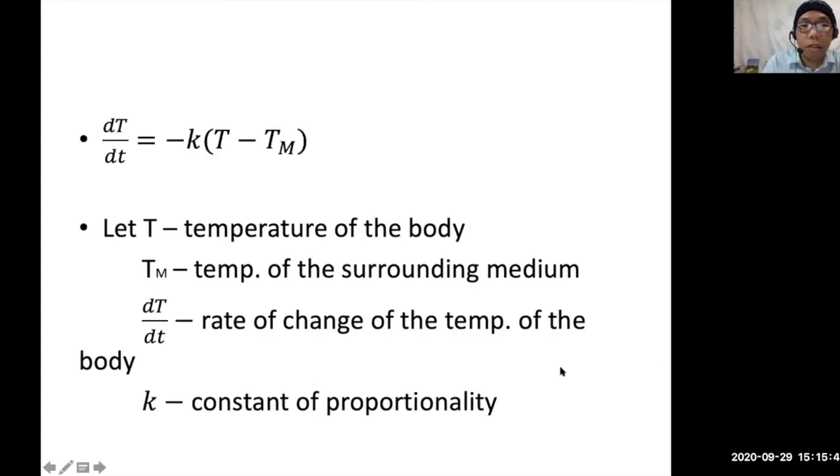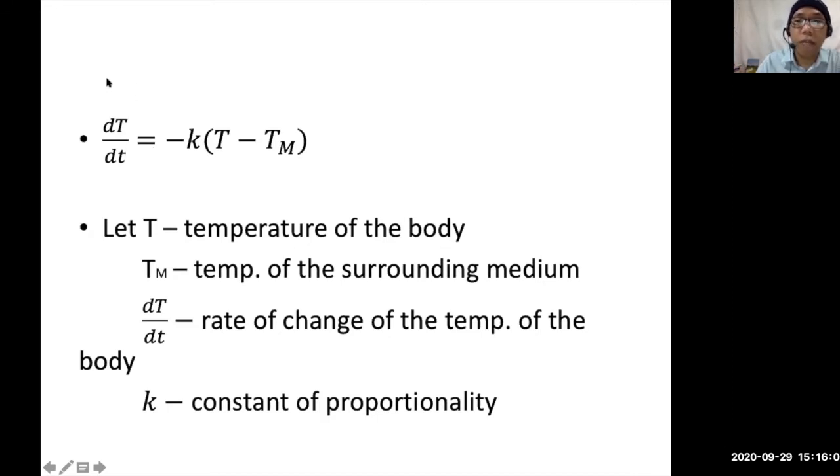Okay? So, this is the equation. Ito yung equation describing the Newton's law of cooling or defining the Newton's law of cooling. It says that the rate of change of a temperature of the cooling body, so hindi lang naman nag-refer dun sa cooling or sa pag-decrease ng temperature, but also it refers to the heating or pag-increase ng temperature.